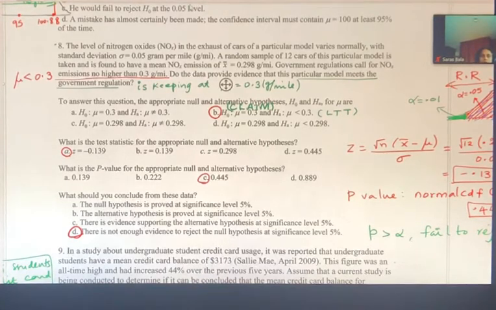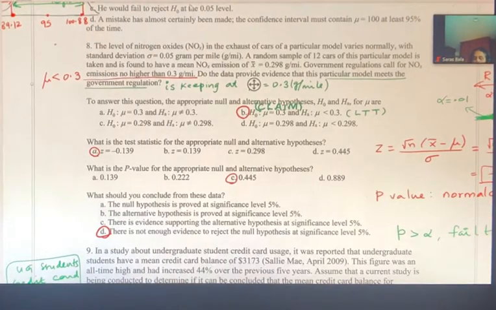So now you are going to answer the question: do the data provide evidence that the particular model meets the government regulations? That's right, because the government regulation should be less than 0.3. The wordings are a bit trickier here, but if you read twice, you will certainly get that.